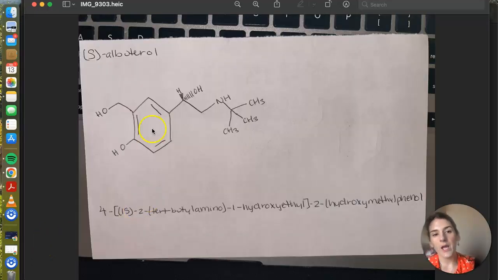Okay, and right here we have our S-albuterol. Our S-albuterol is actually more of the inactive enantiomer of this molecule. You see how the OH is in the back, so now we're going counterclockwise, and that's what makes it our S-albuterol.